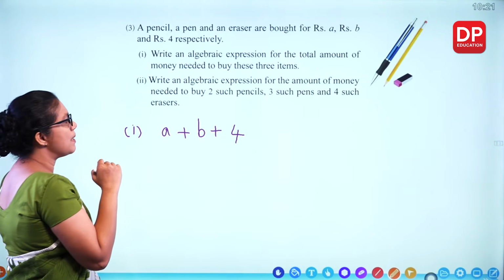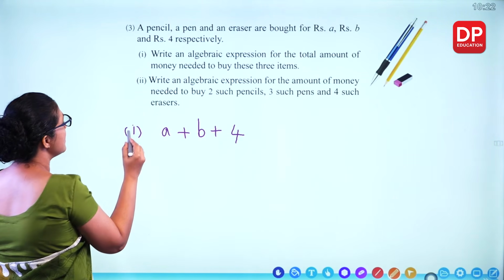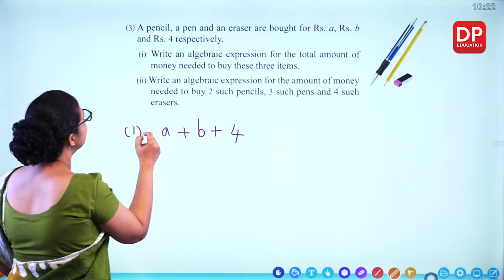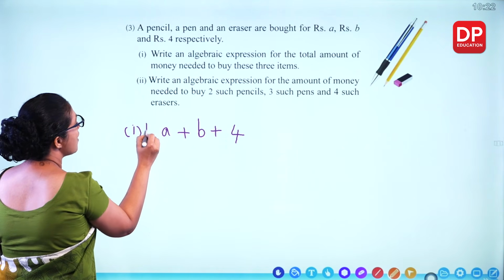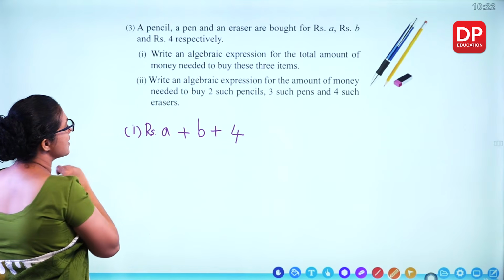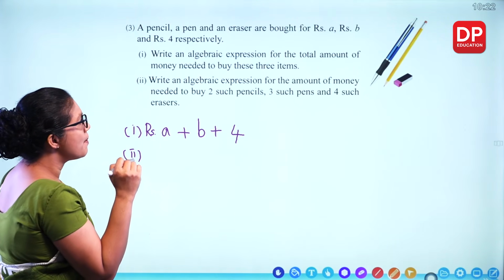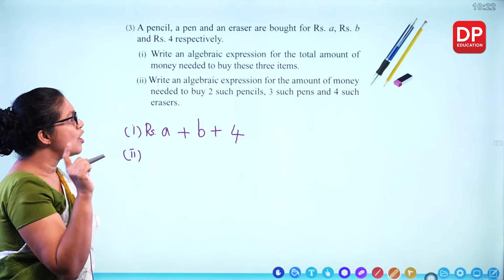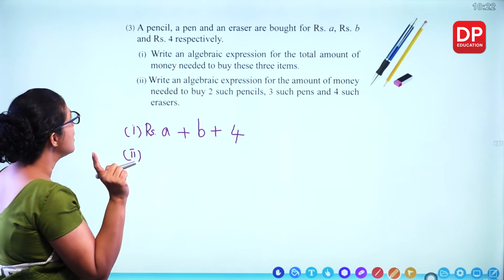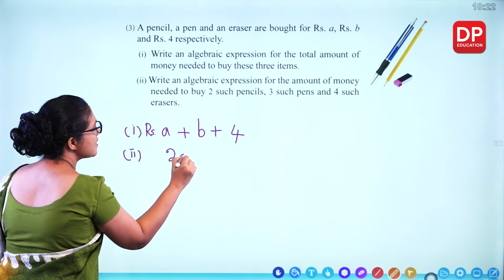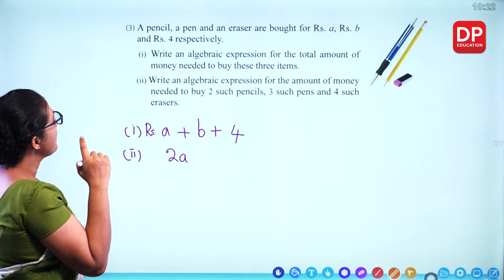So A plus B plus 4. That's the total amount. So I'll put Rs, that's rupees. Part 2. Write an algebraic expression for the amount of money needed to buy 2 such pencils. 1 pencil is A. 2 such pencils, 2A.